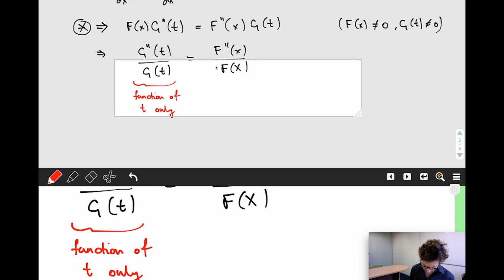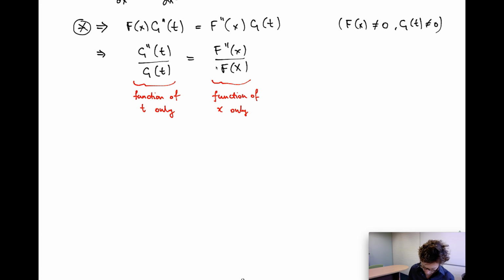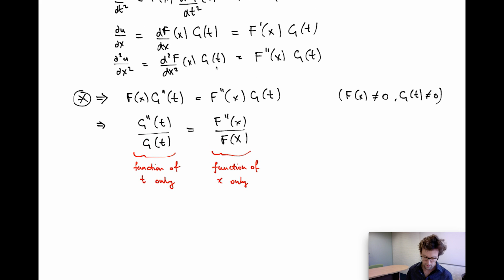And on the right-hand side, I've got a function of x only. So I took my partial differential equation, gathered all the t terms to the left, so I've got a function of t only on the left, gathered all my x terms on the right, so I have a function of x only on the right.